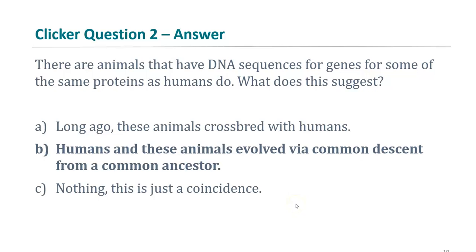Okay, so the answer is humans and these animals evolved via common descent from a common ancestor, right? That shows that common ancestry, that they've passed on those genes. We said in order for something to be inherited, it has to be based at the level of the DNA.